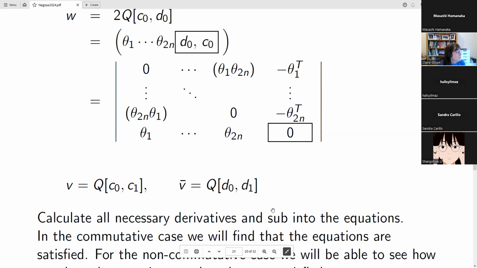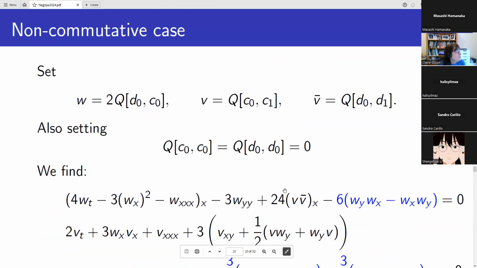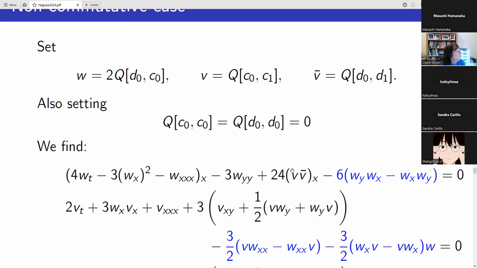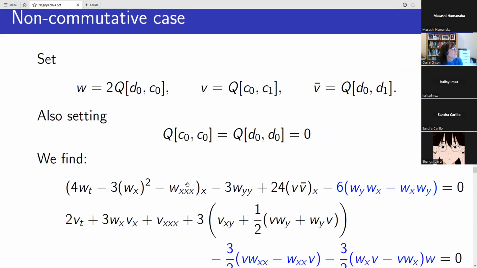Okay. So basically substitute everything in the equation and I get the following. Now I'm going to set Q with just two F's in the borders equal to 0, and the Q with two G's in the borders equal to 0.